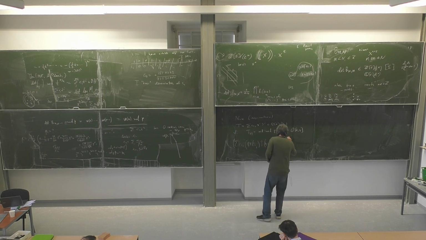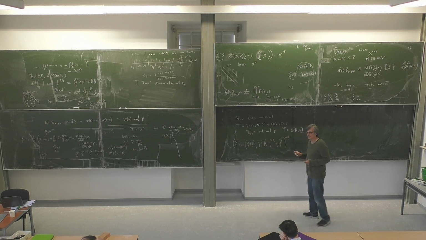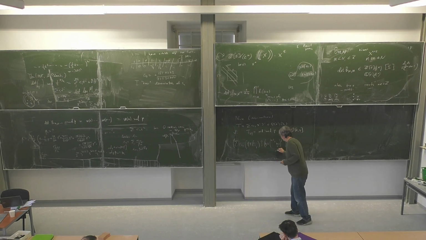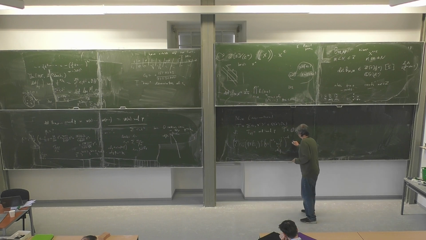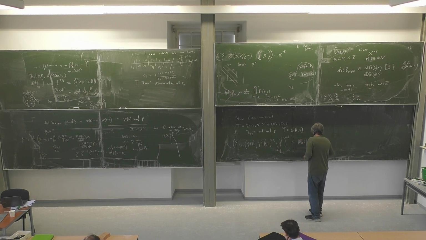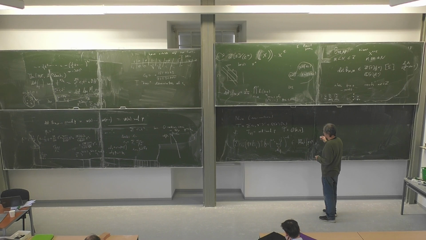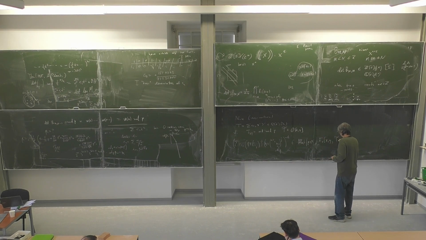If I invert this matrix mod p, I get a rational function. I get a p by p matrix with coefficients in F_p of x, y, and I get the inverse to this T mod p.